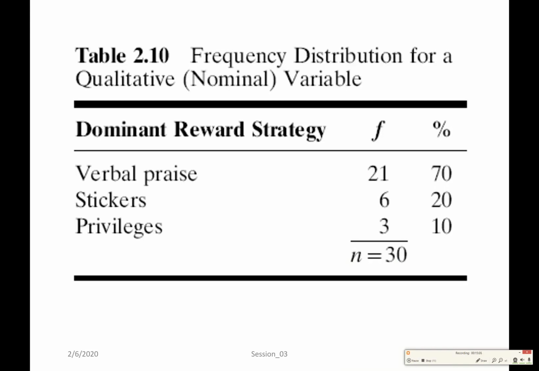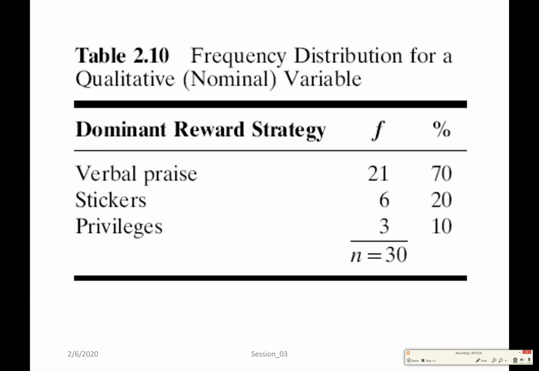All right, here's another one. Okay, so this is more like a table. In this case, a teacher was using various techniques to reward her students. The teacher used verbal praising 21 times, stickers 6 times, and privileges 3 times.